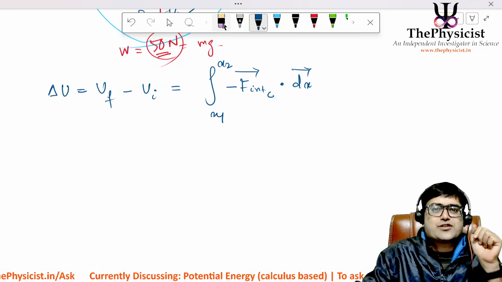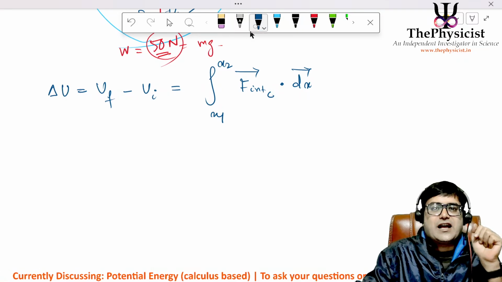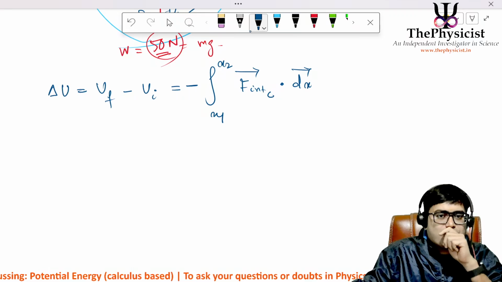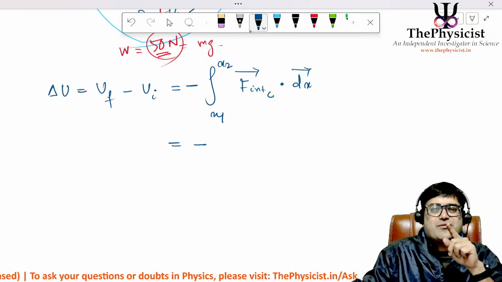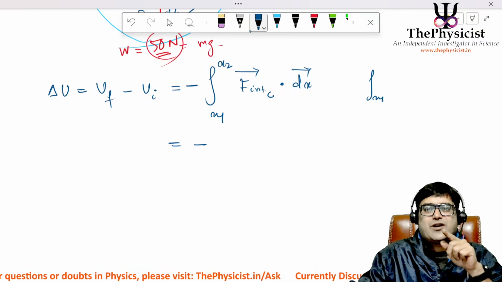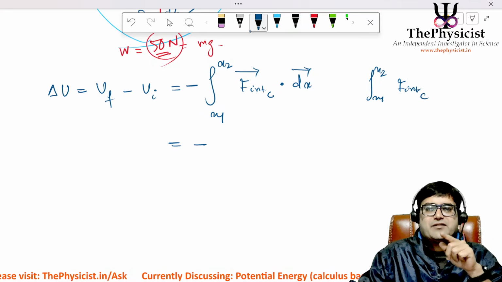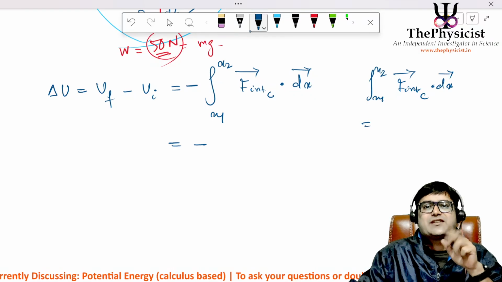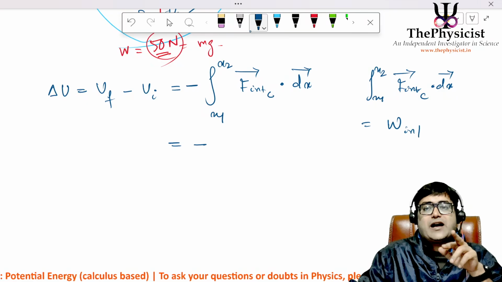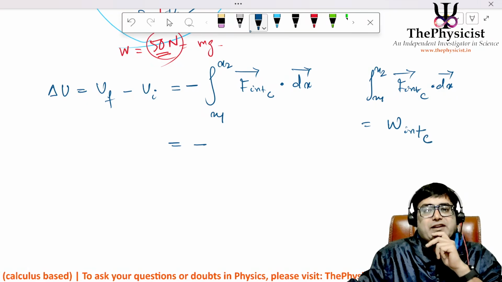Now, can I not just bring the negative sign outwards? In essence, it's negative of the integral from x1 to x2 of F internal conservative dot dx. What is this? This is nothing but the work done by the internal conservative force.